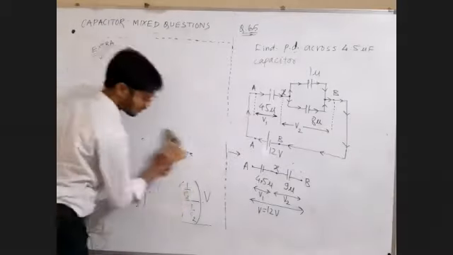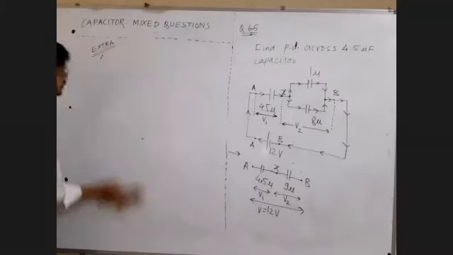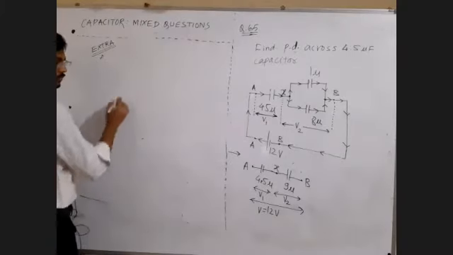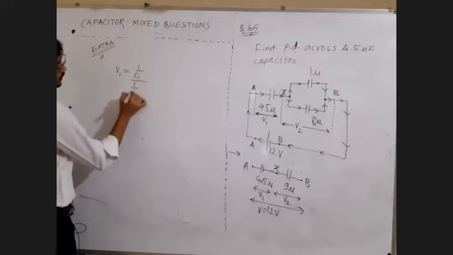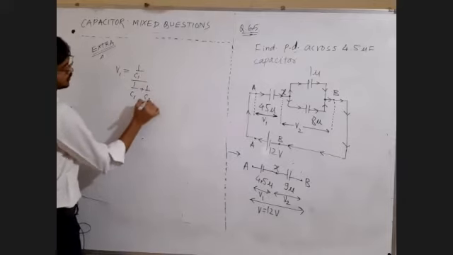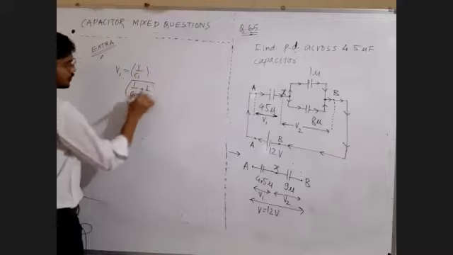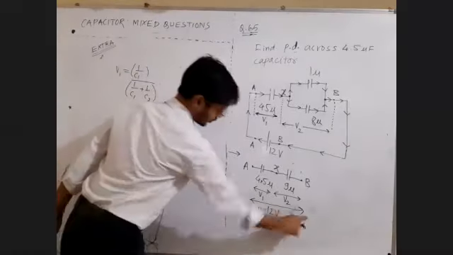Fraction of 1 upon C1. Okay. V1 will be equal to 1 upon C1 divided by 1 upon C1 plus 1 upon C2. This fraction of total voltage, of 12 volts.